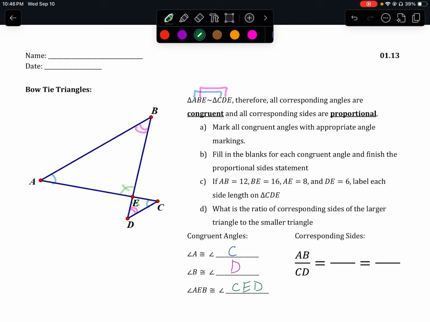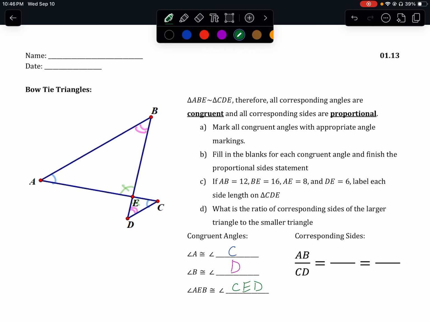And I want to make sure I go in that specific order when I'm naming it because it's going in the same order as the similarity statement. If I go A to E to B, I want to do the same thing, C to E to D. So now let's talk about the corresponding sides as a proportional side statement.